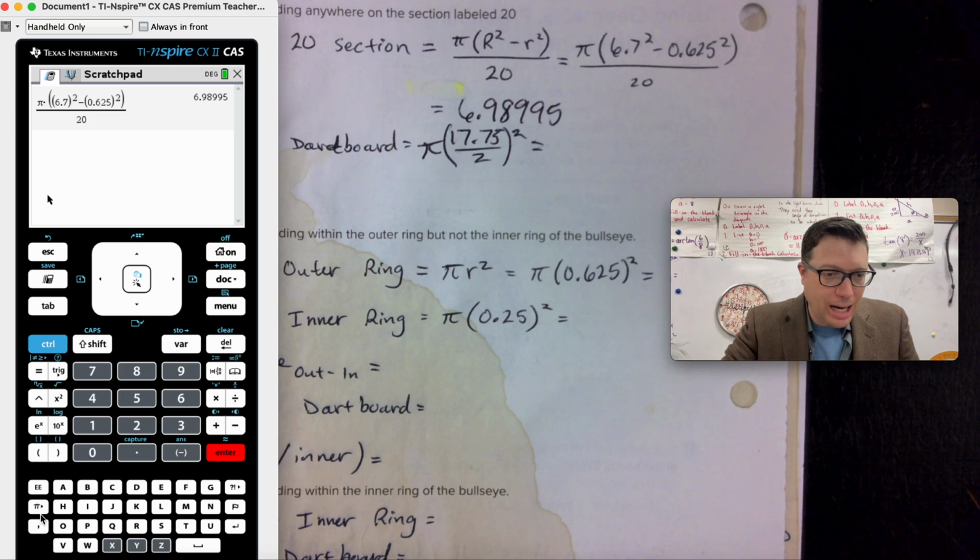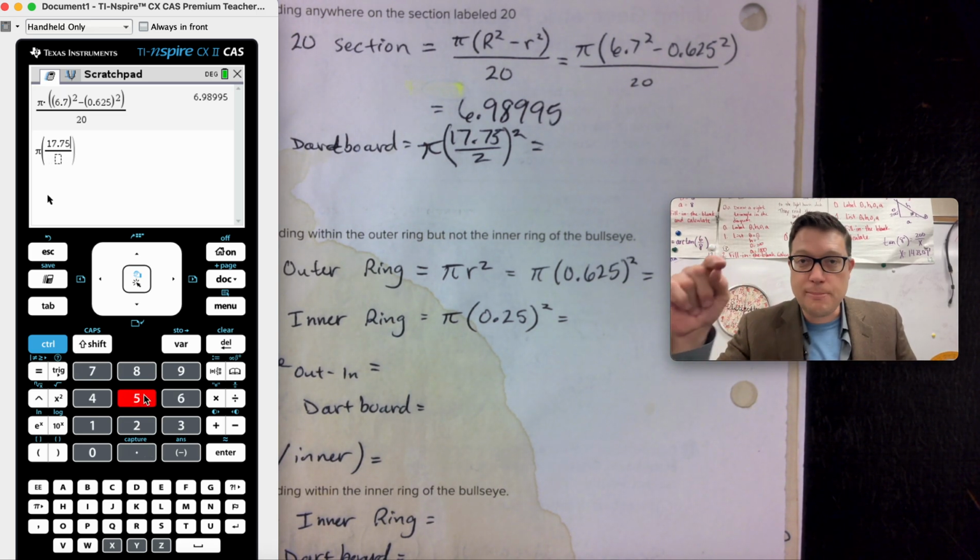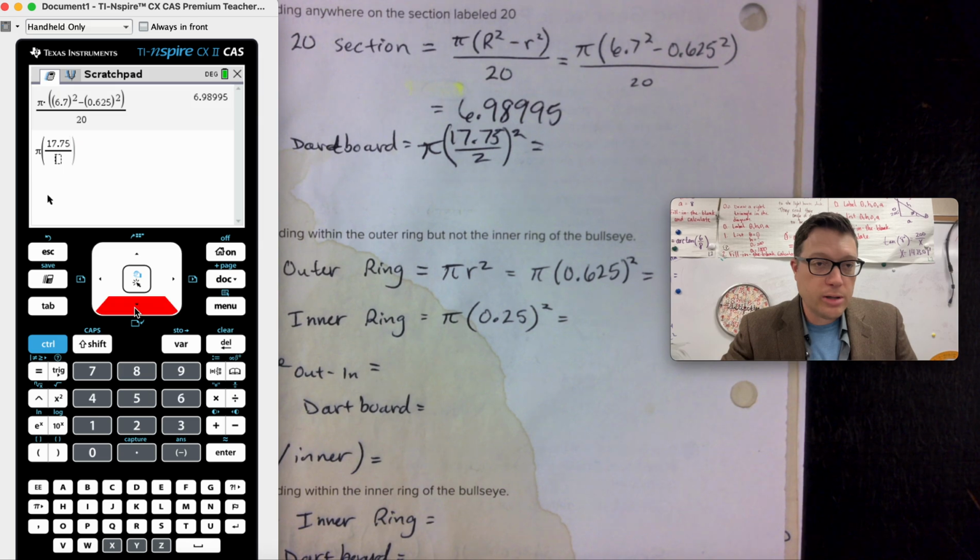So again, it's pi, parentheses, and then I want to do the fraction. Although I could just use division without the fraction, it looks nicer when what I type matches what I wrote. That is 17.75 over, so I go down to the bottom of the fraction, over 2.